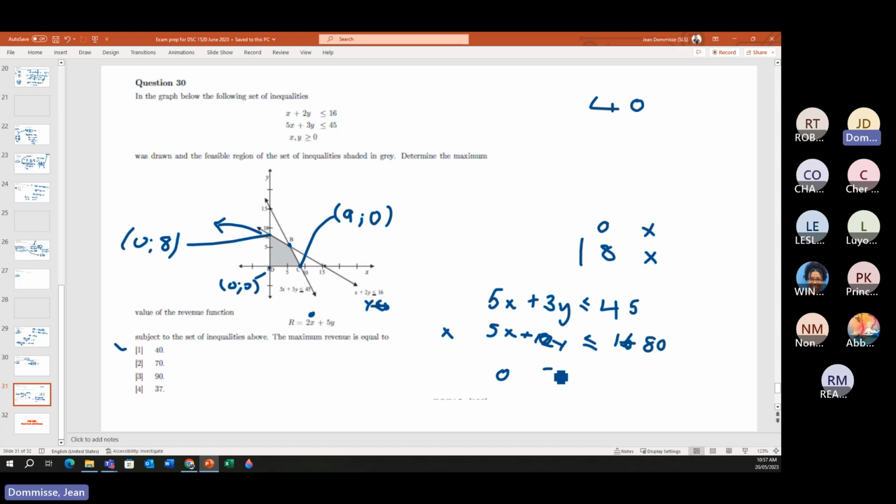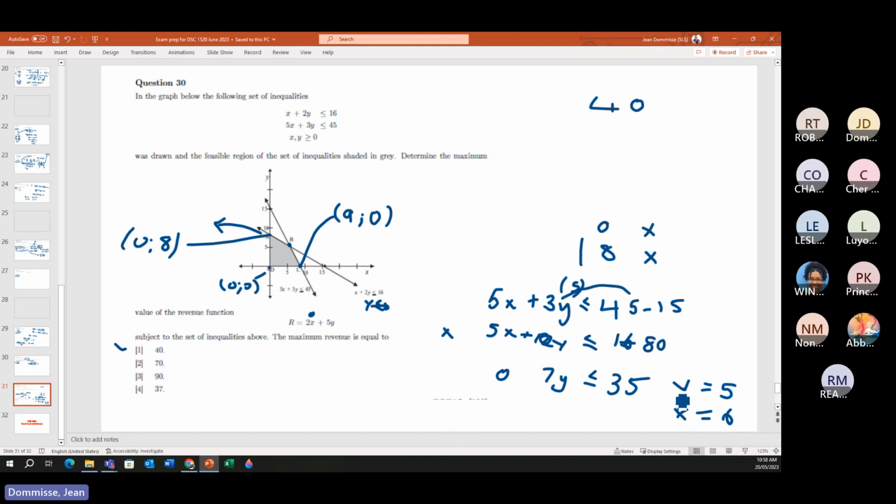This minus that is 7y. That minus that is 35. So y would have been 5. I put y back into here: 3 times 5 is 15. 15 to this side makes it 30. 5x is 30, so x would be equal to 6.